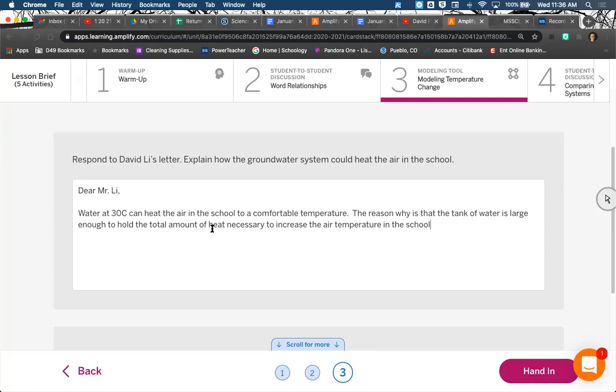Remember that the molecules of the water are what is holding the heat. Now, in our demonstration, the heat inside the molecules were the little plastic cubes.